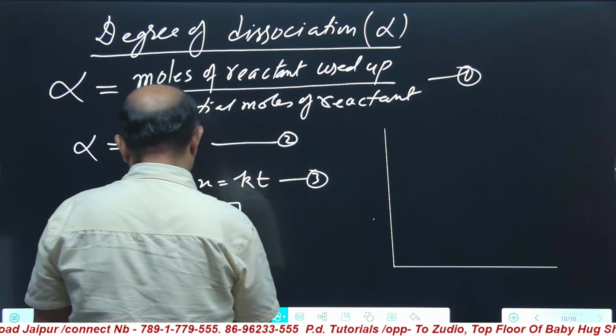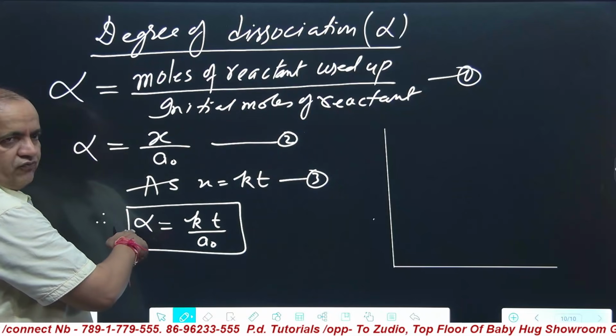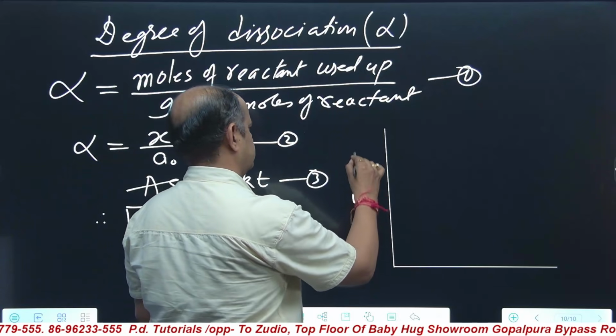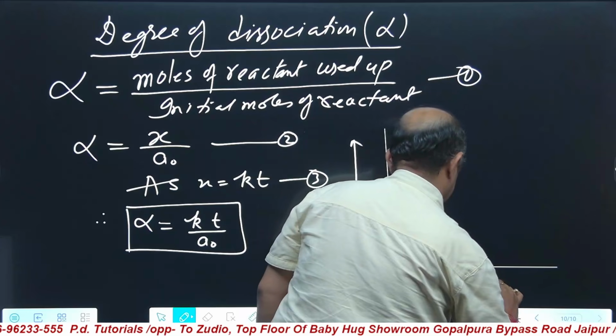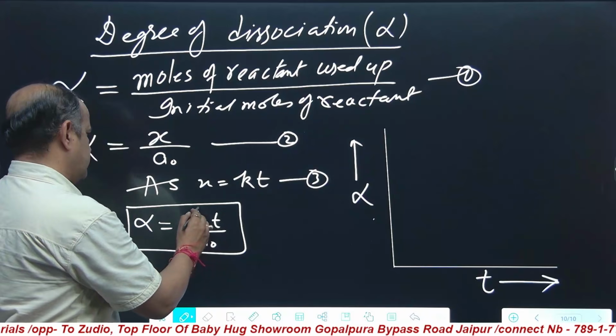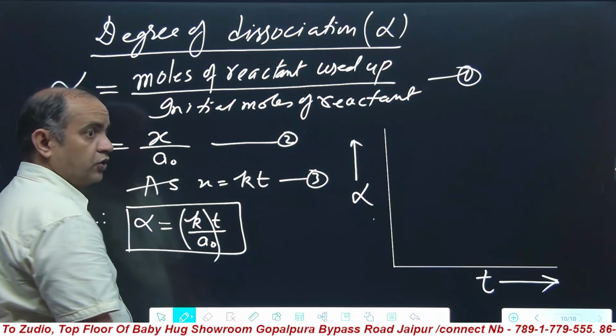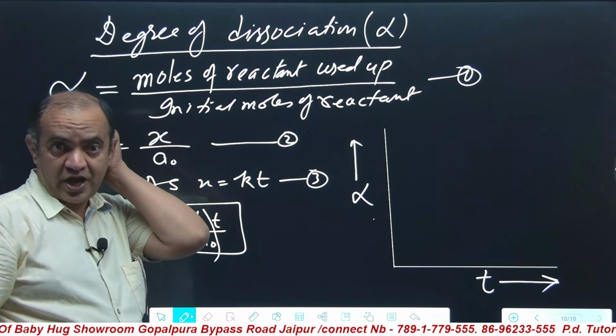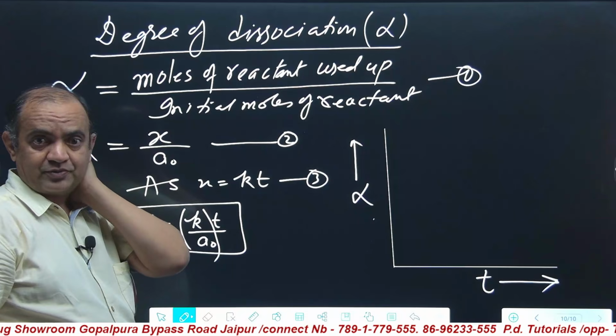Let's make the graph between alpha and T. What is K by A naught? K by A naught is slope. Yes, you are right. What is intercept? No intercept.